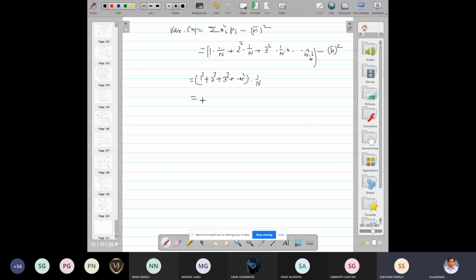The sum of squares of n numbers, using this, will be n plus 1 and 2n plus 1 divided by 6, into 1 upon n. So this n cancels out, and minus 1 upon n of the square.